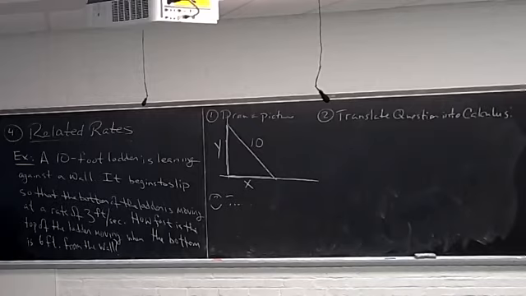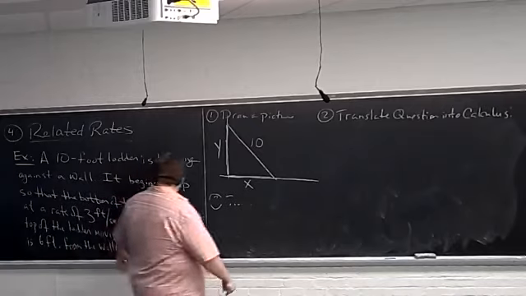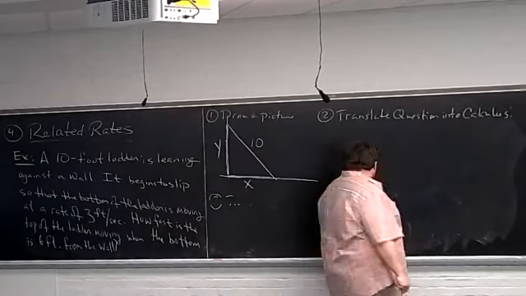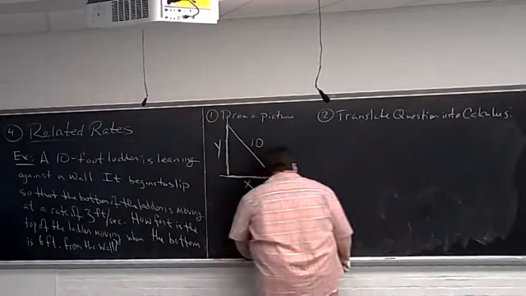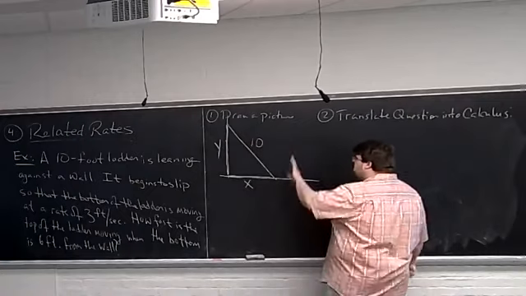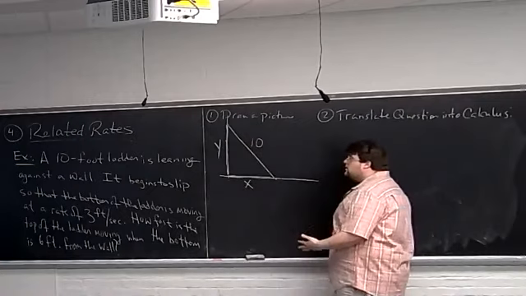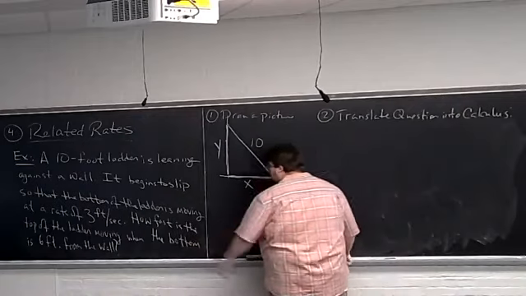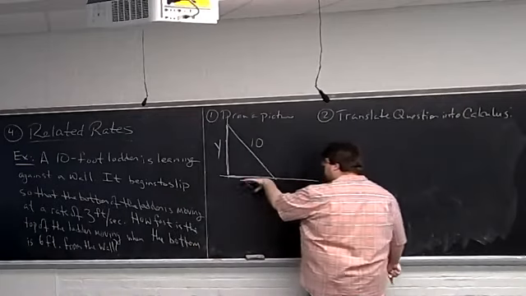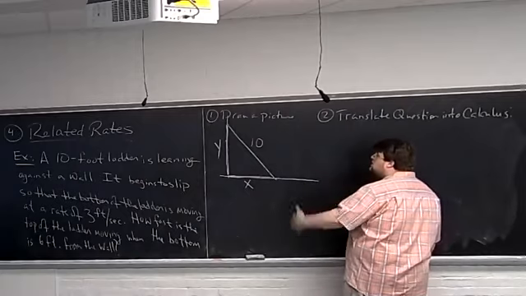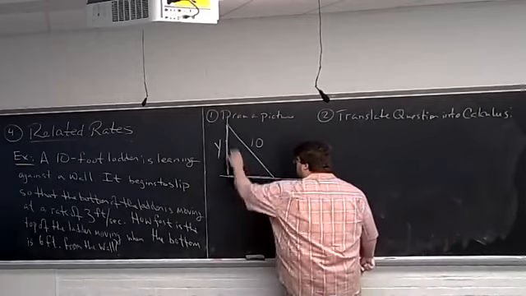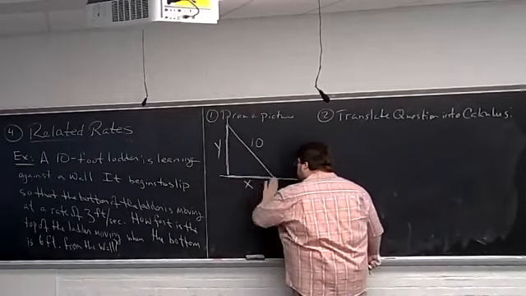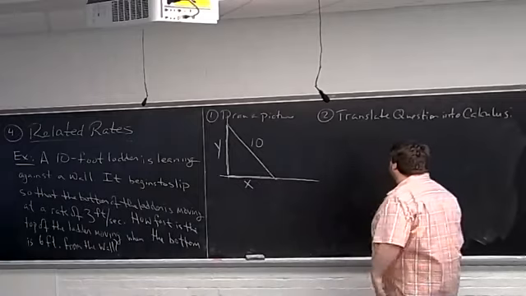And we're looking here at instantaneous rates because it says when the bottom is 6 feet from the wall. So this ladder is sliding down the wall. At some instant, the bottom is 6 from the wall. At some instant, x equals 6.